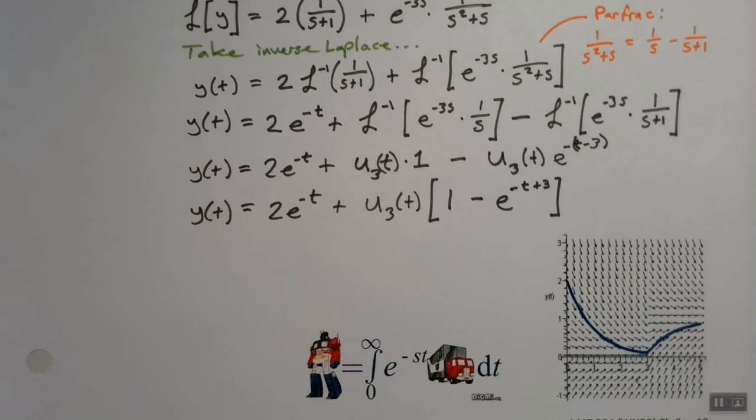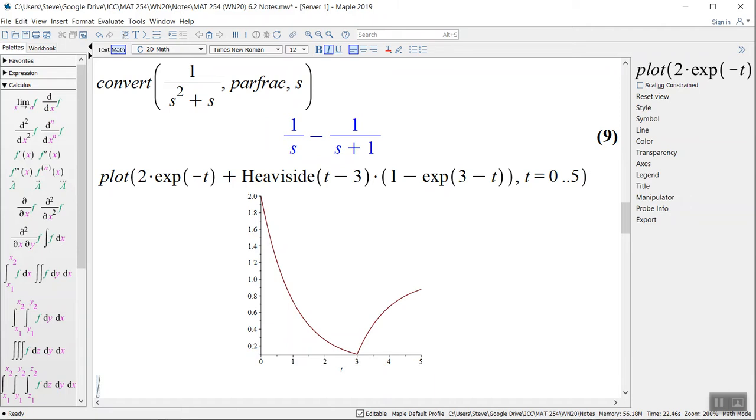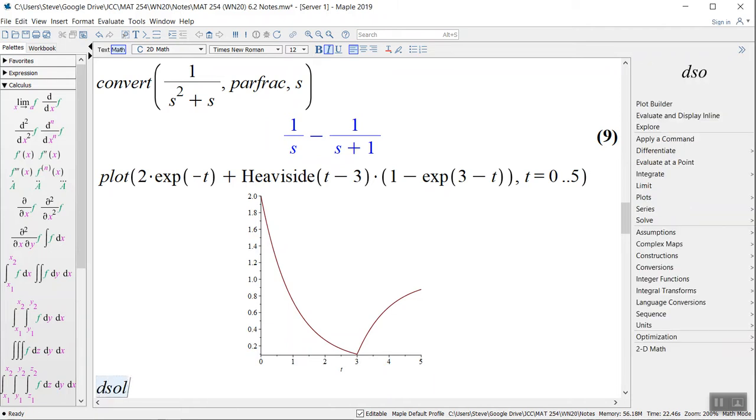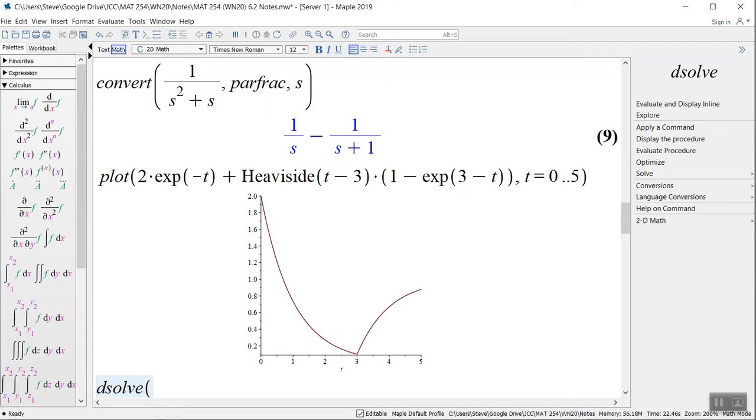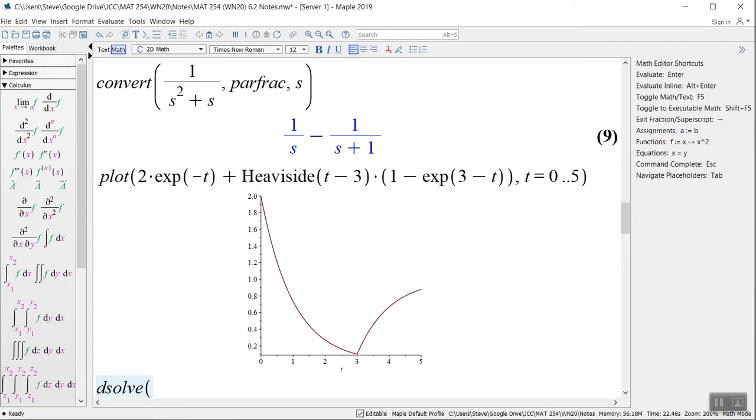So we can also ask Maple to dsolve our differential equation, because Maple actually can handle doing a solution process. So I'm going to go back in and type in my original differential equation and say that equals negative y of t plus my step function, Heaviside t minus 3.